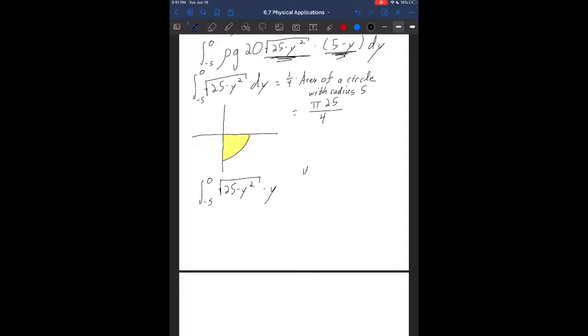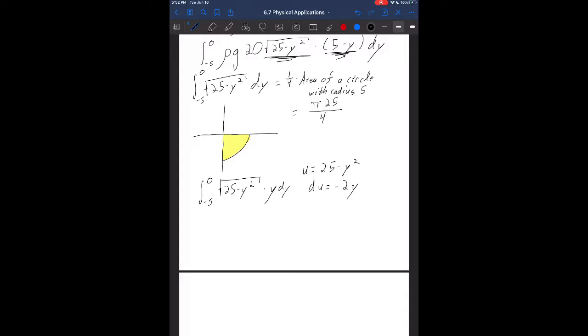So what we would like to do in this case is we would have a u equals 25 minus y squared because we have our y on the outside. So when we take the derivative of what's inside of this square root, we're going to get a y out. So in particular, we get that du is equal to negative 2 y dy.